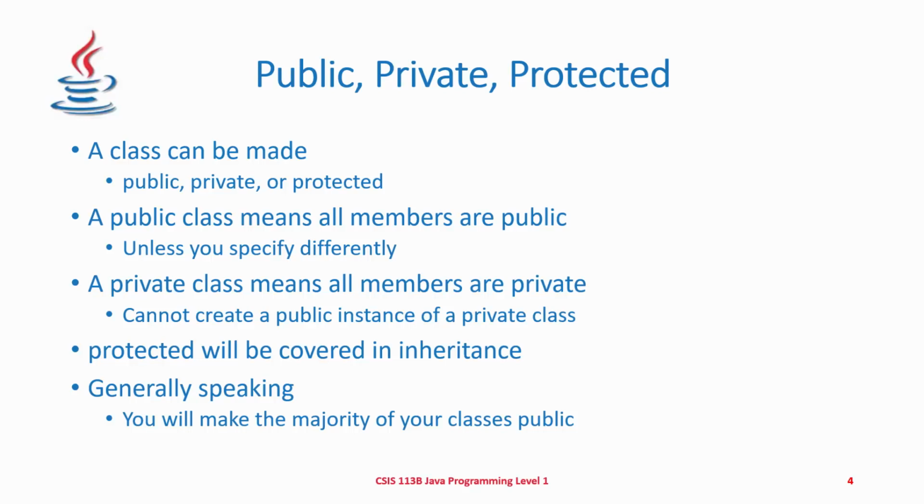So that's why we say it's just a general rule of thumb from this point forward until you're told differently. Go ahead and use public for your access modifier when you're designating the header of your class. And we will talk about protected a little bit later on.